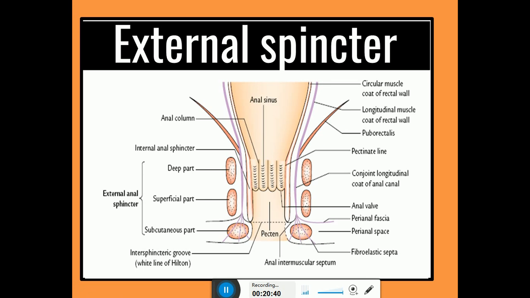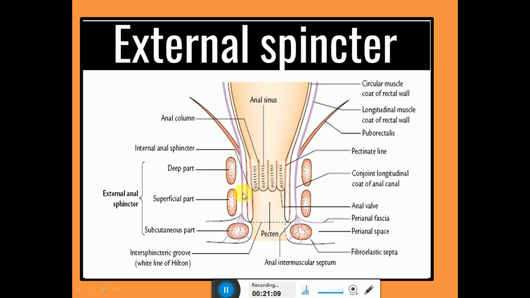Only one thing I would like to tell you, that it is traversed by these purple color lines. These are fibroelastic septa, and this is nothing but the conjoint longitudinal coat.